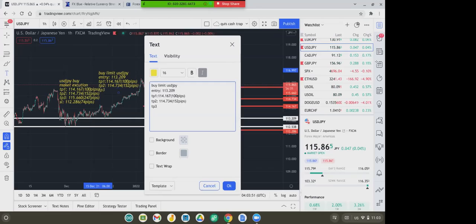TP3 115.660. 247 pips. Stop loss was 112.286. Right? That was 74 pips. And that's how you would write out your buy limits. That's how you would send it out.